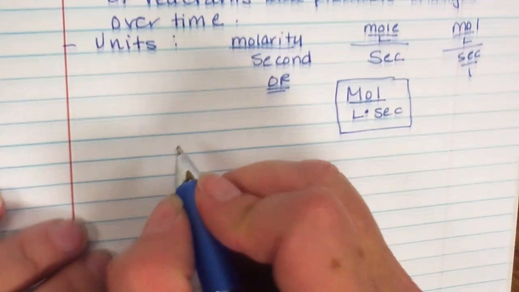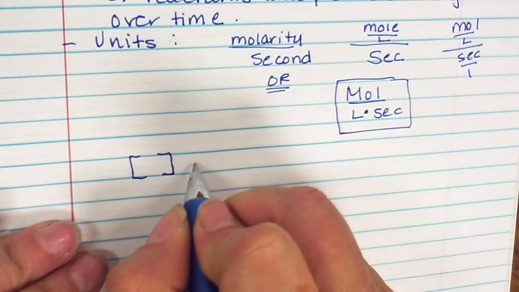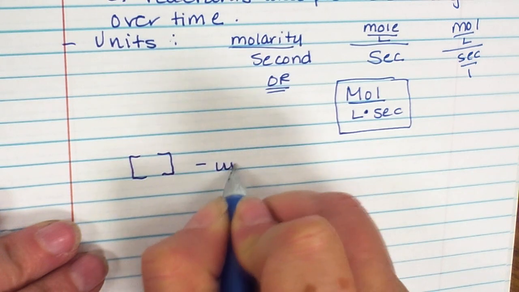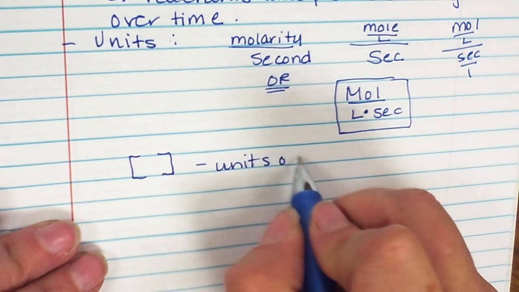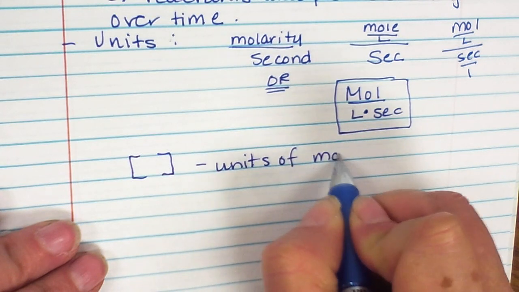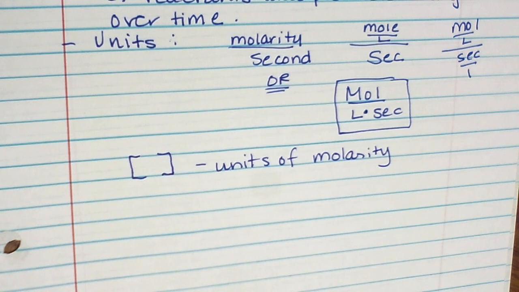Concentration, so therefore, this concentration is in units of molarity. So when you see those brackets, we're talking molarity in specific.